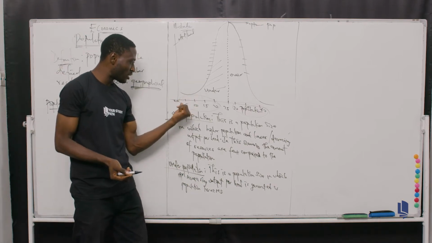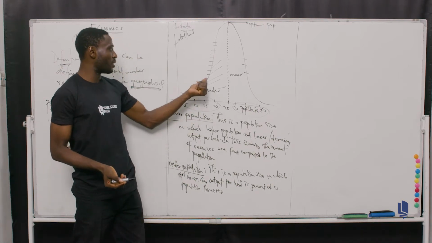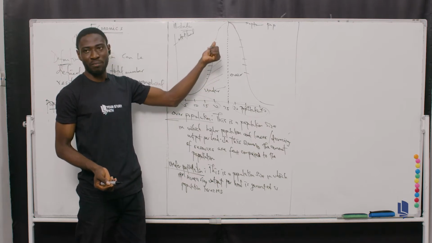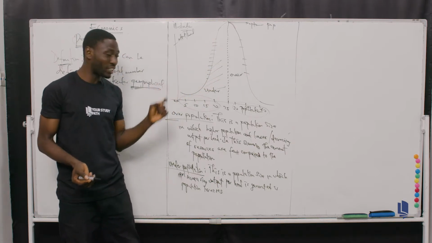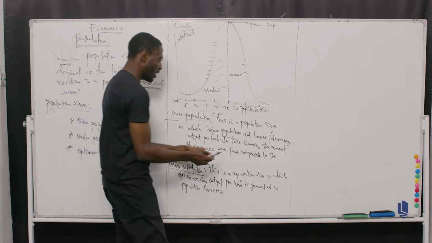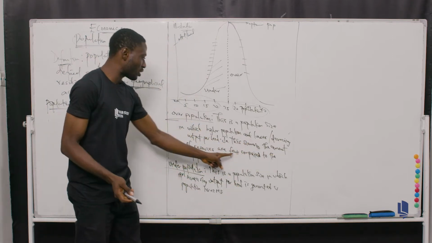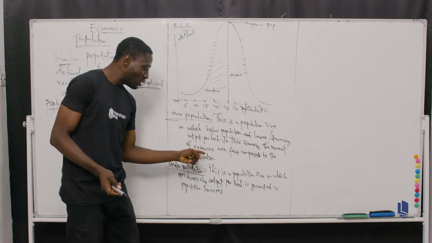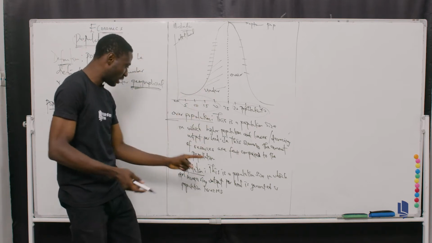So as the population is increasing from 5 to 10, what is happening? There is an increase in output per head. But there's something the graph is not telling us. Did the graph tell us that the amount of resources are fewer here? No. So the hidden thing that the graph is not revealing, let's now add it.